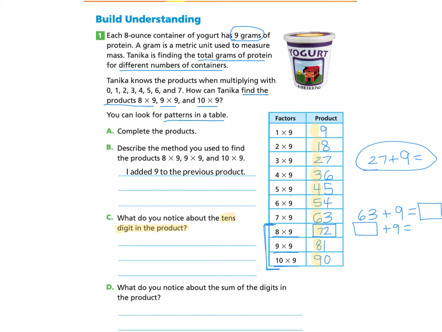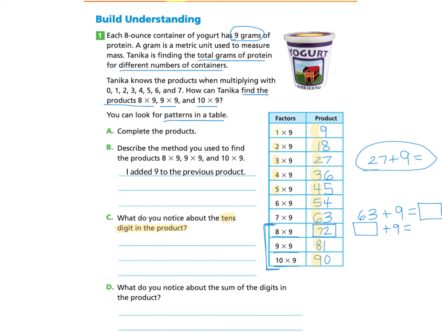When this is 1 times 9, we have a 0. Then when there's a factor 2 times 9, we had a 1. Then for 3 times 9, we had a 2 in the tens column. For 4 times 9, we had a 3 in the tens column. So you might be noticing that the tens digit is 1 less than the factor that's multiplied.